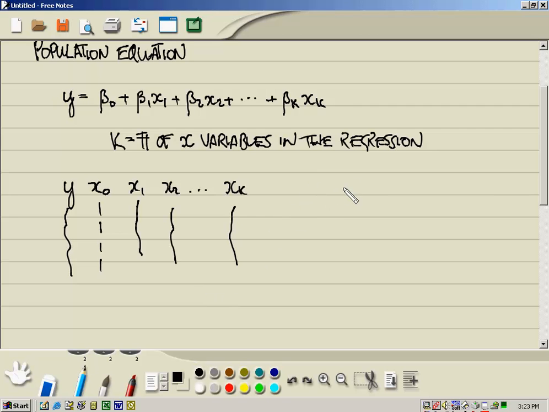So in a sense, X0 is not really a variable like the other X's are. X0 is 1 for each observation, and so X0 is called the constant. You'll see that name and terminology pop up on computer outputs, and it's important for us later to understand that column of ones is out there.